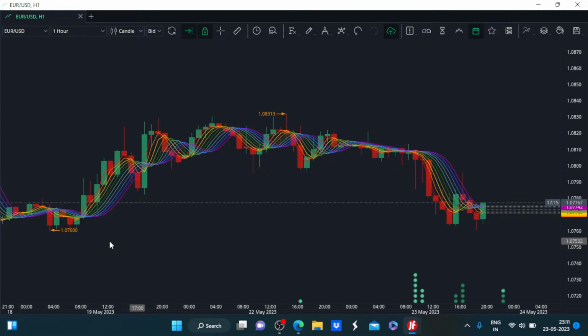And when price starts to enter inside this band, we take it as a sign that price momentum is getting weaker and we should watch out for subsequent moves.